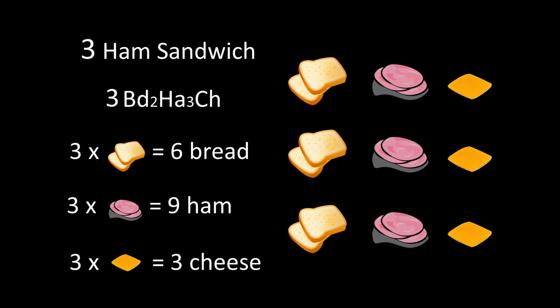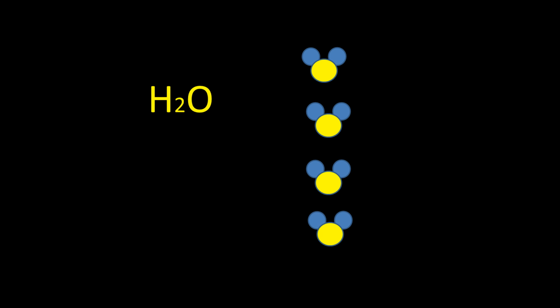And this is exactly what we do when we're looking at molecules and the number of molecules in a chemical equation. So if we have H2O, for instance, the H2, that small number, means that there are 2 hydrogens. O by itself means that there's just 1 oxygen, and that would be a model of an H2O molecule. Now let's say we have 4 H2O molecules.